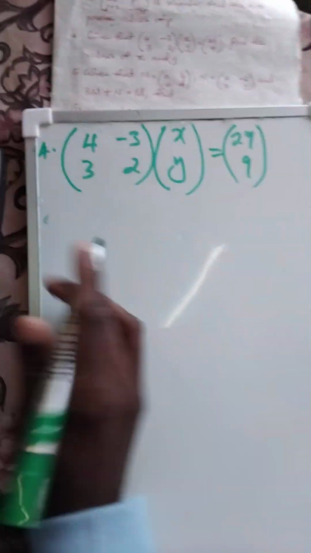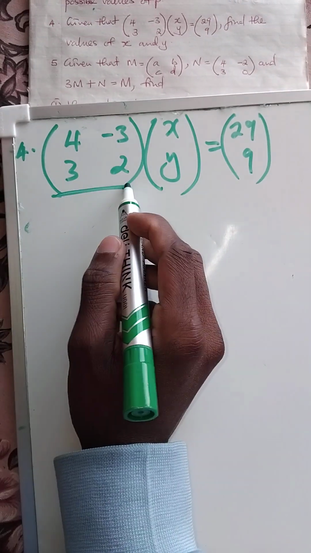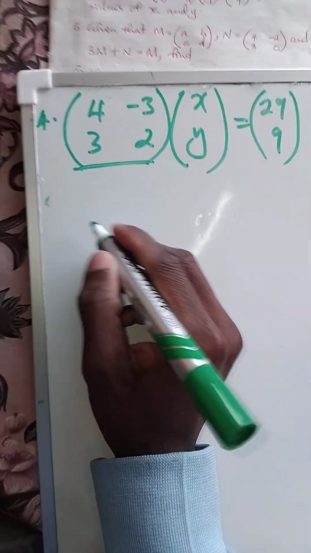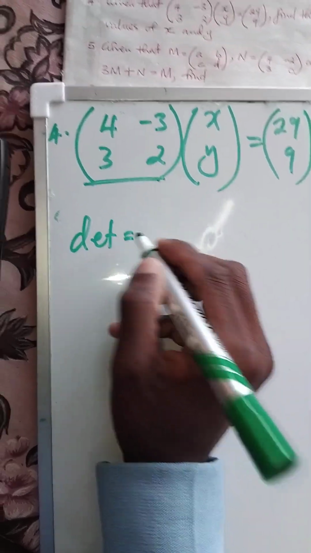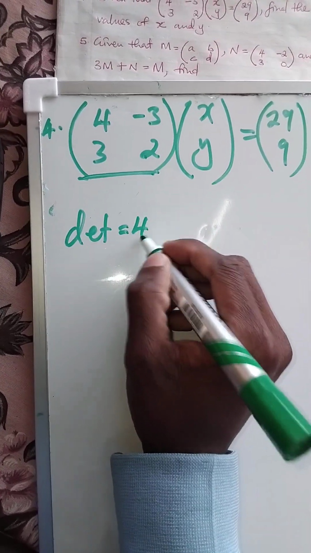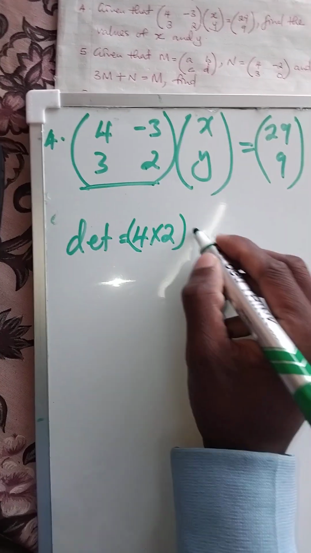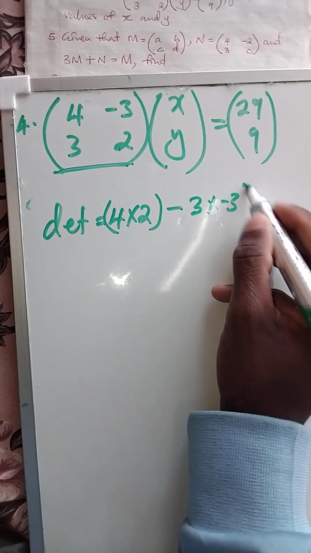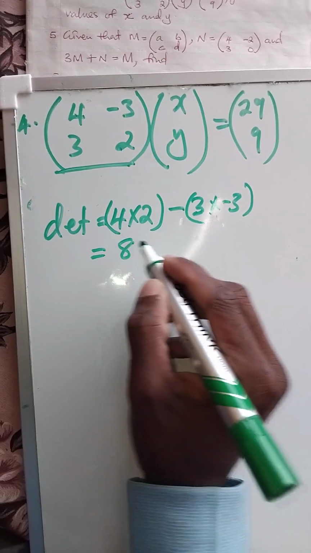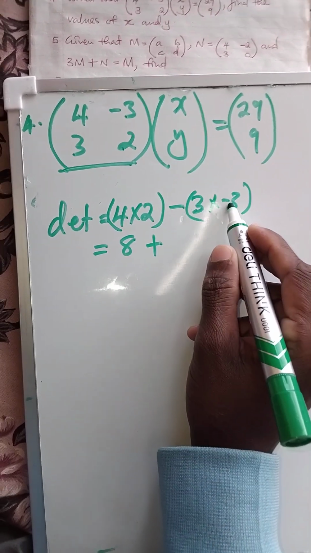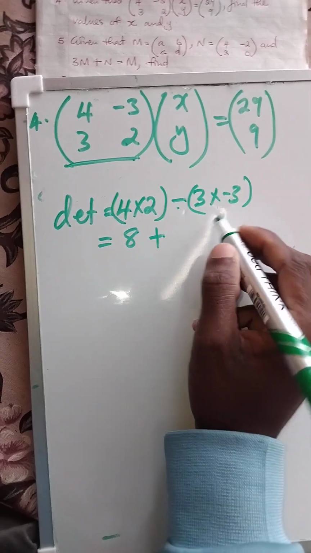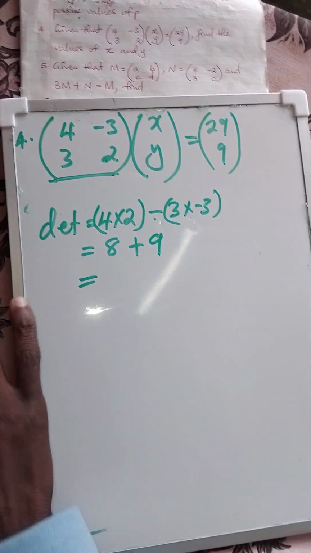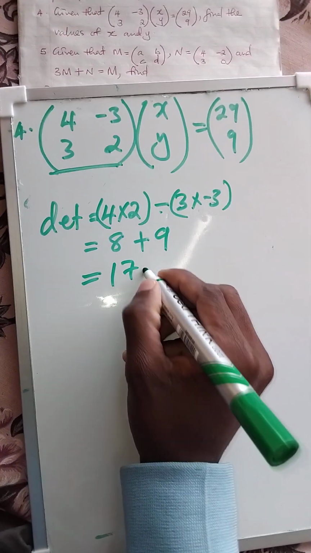How to find x and y: first thing, we find the inverse. So what is the inverse of this one? The determinant is equal to 4 times 2 minus 3 times negative 3. So here we get 8 plus 9, since negative times negative is positive 9. So 8 plus 9 is 17.